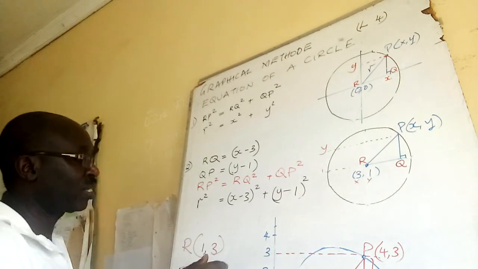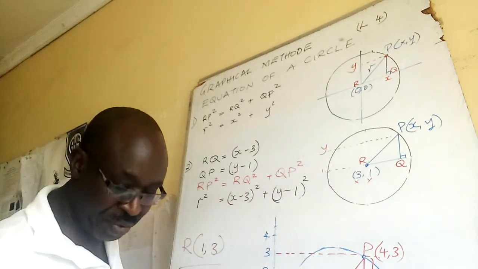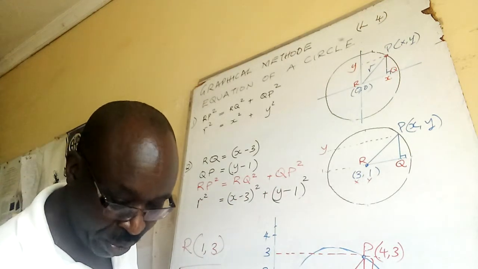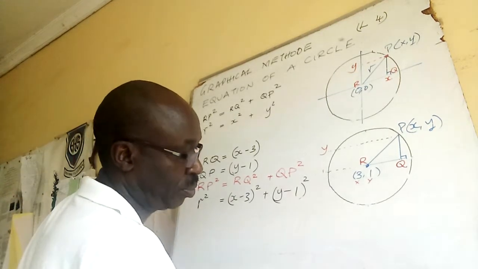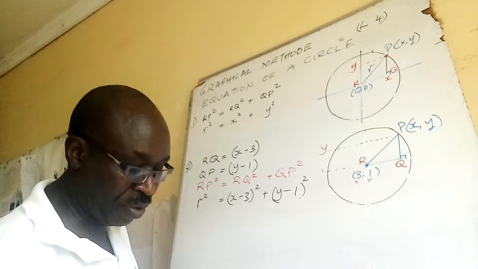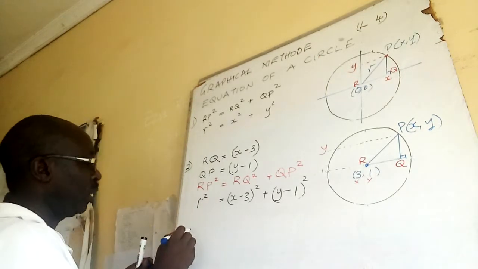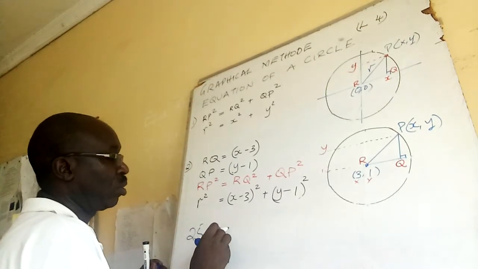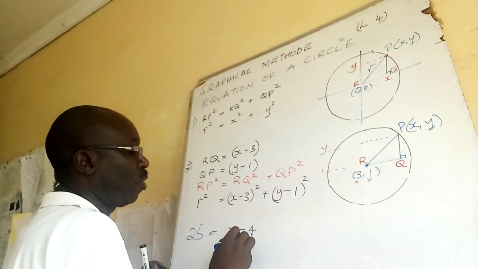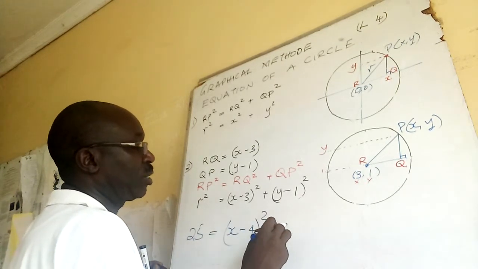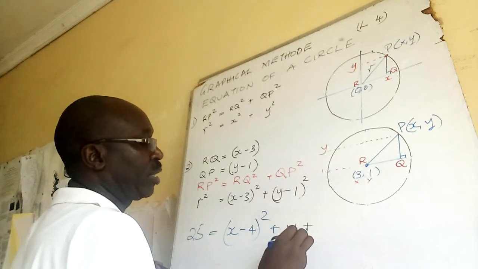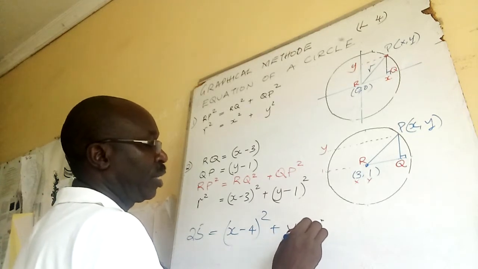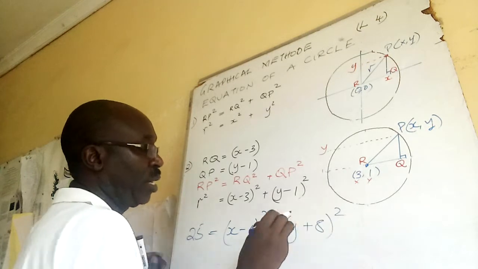So if I'm asked here, if I'm given this, maybe we conclude now. Suppose I rub here. If I'm given 25 is equal to x minus 4 squared plus y plus 8 squared.